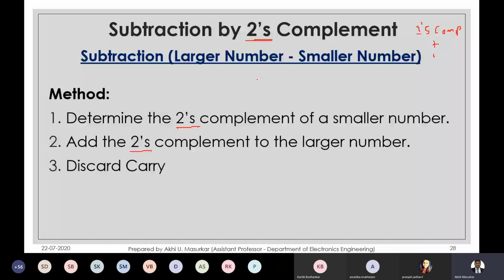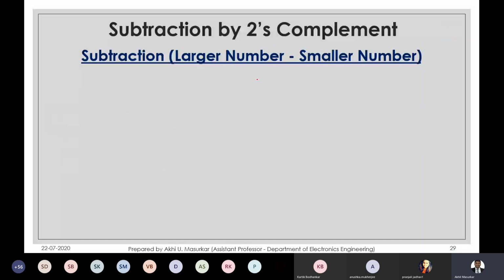So first is subtraction of larger number minus smaller. Large minus small is the general way of subtracting. Now you should also ask yourself a question: if I give you 2 numbers to subtract, will you subtract smaller minus larger or larger minus smaller?